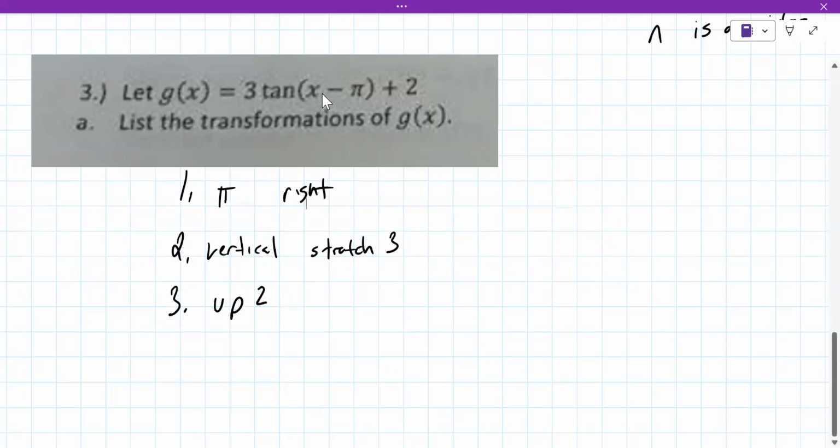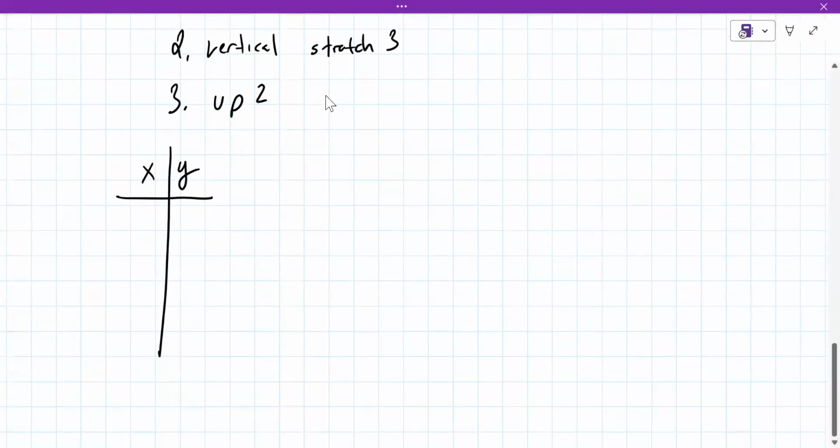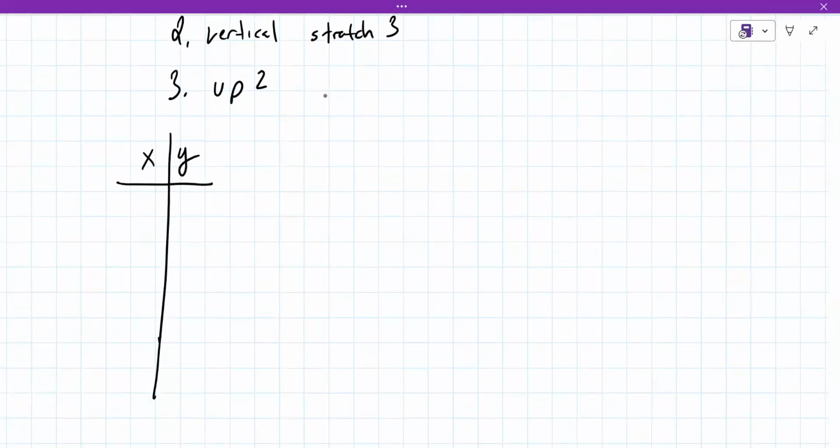Now, the parent function, which we talked about last night, I messed this up real bad, but it's minus pi over 4, -1, 0, 0, and then pi over 4, 1. Those are usually the 3 points that they want.